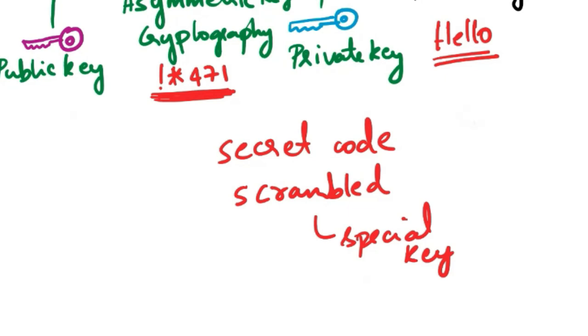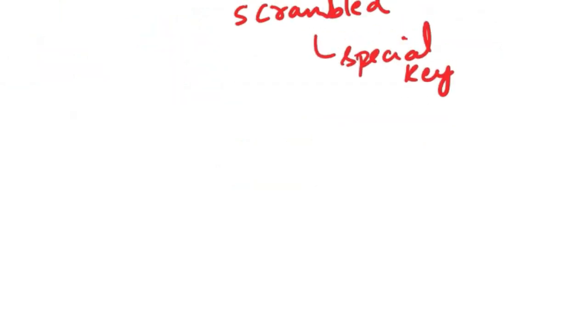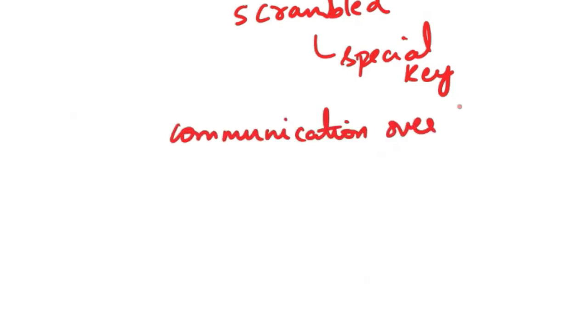Your friend, and only that friend who knows the key, can decode the message back into plain text to read it.